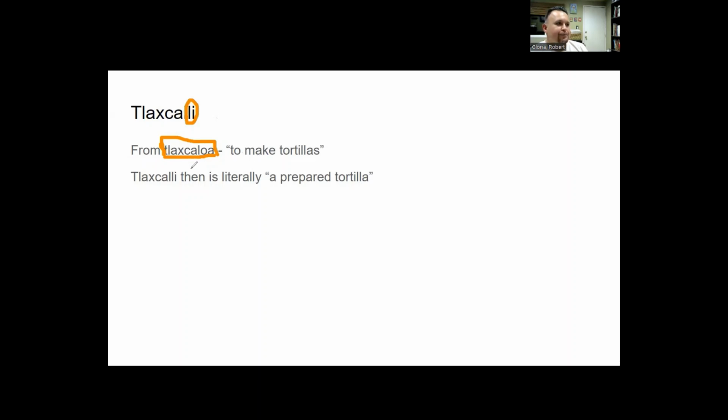And so this is the verb. So a tortilla or tlaxcali is a tortilla, but if we're looking at it through the lens of this rule, well, it's literally a prepared tortilla or a tortilla that has been prepared, right? And so, again, a multiple layer of meaning there.